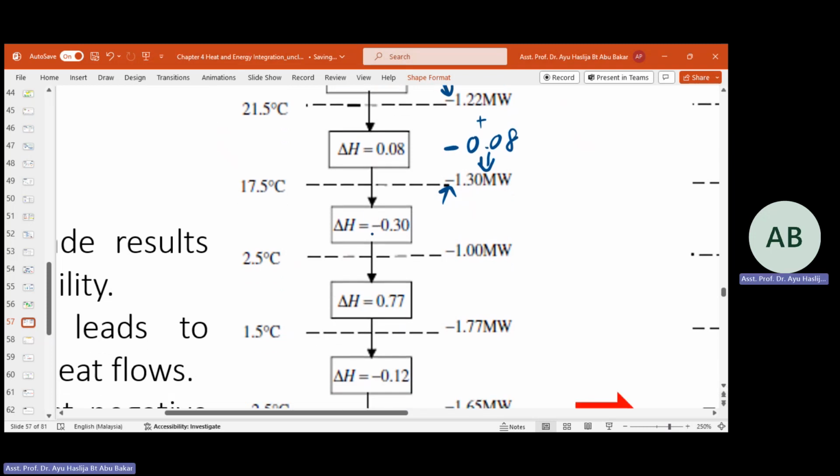The next interval, you gain heat. Delta H in the box is negative. So that means you gain heat. So total now, this gain. So you get back 0.3 megawatt. Now it becomes negative 1.3 plus 0.3.